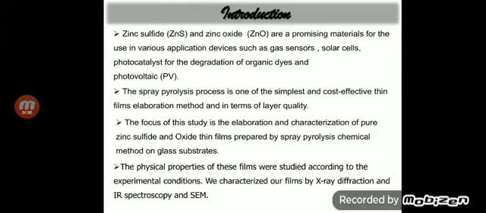The physical properties of these films were studied according to the experimental conditions. We characterized our films by X-ray diffraction, infrared spectroscopy, and scanning electron microscopy.